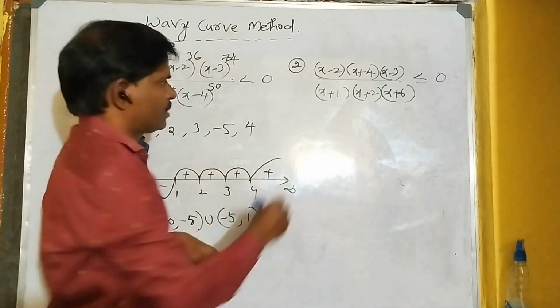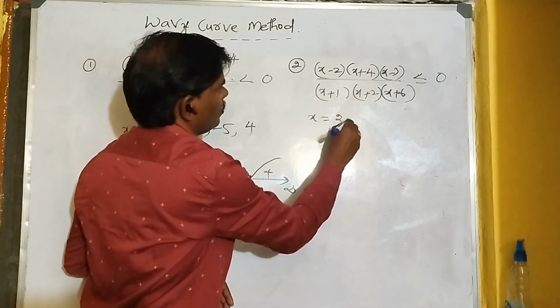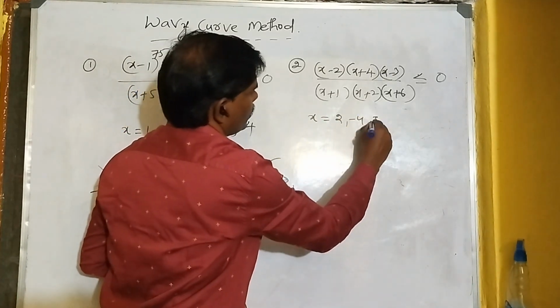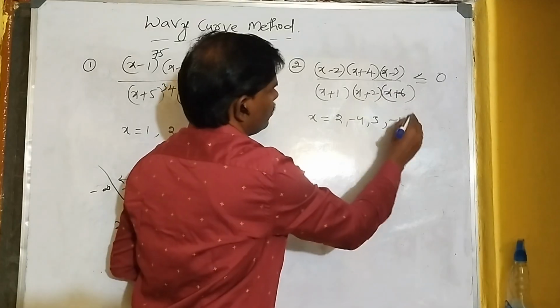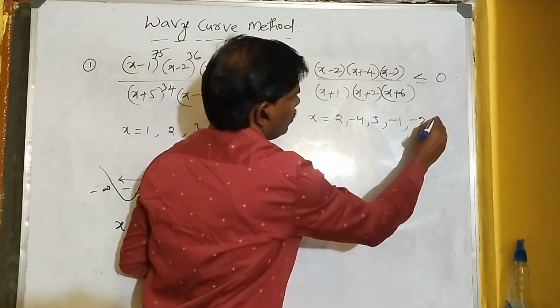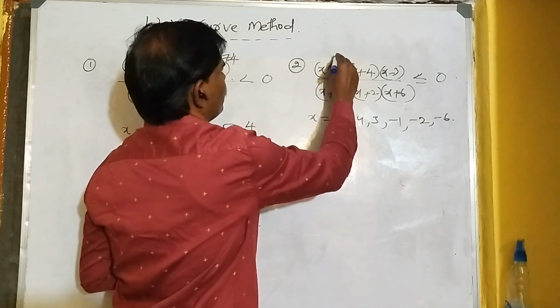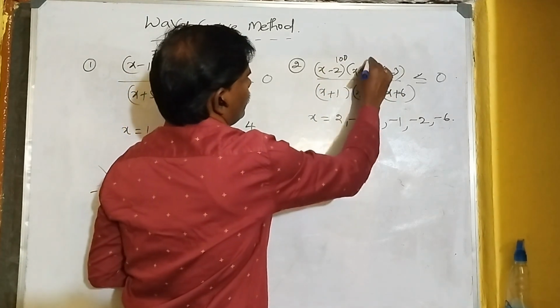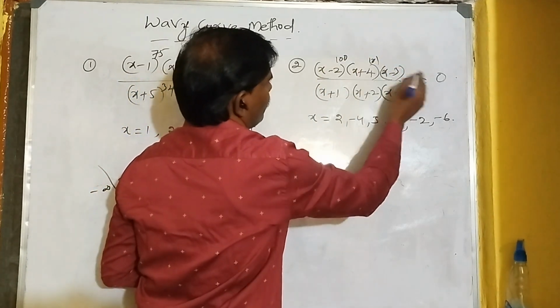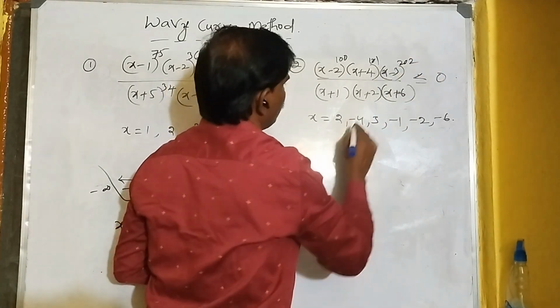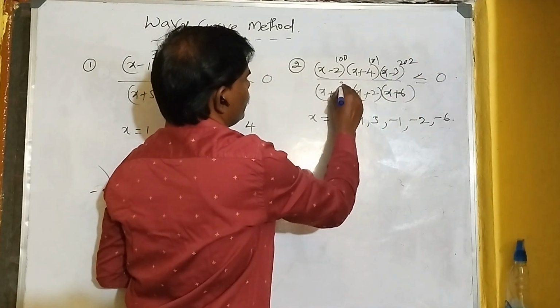What are the values of x? x is equal to 2, minus 4, 3, minus 1, minus 2, minus 6. What are the powers? 100, 101, 202, 37.